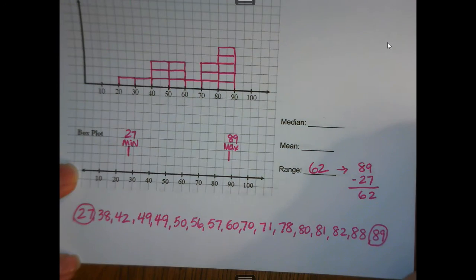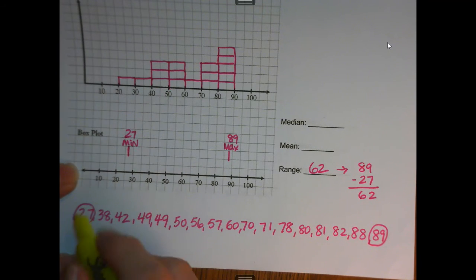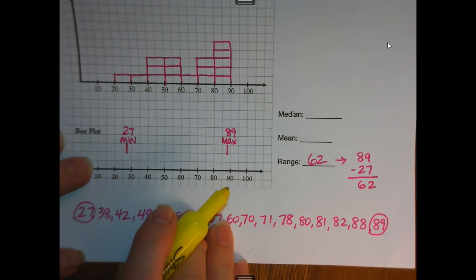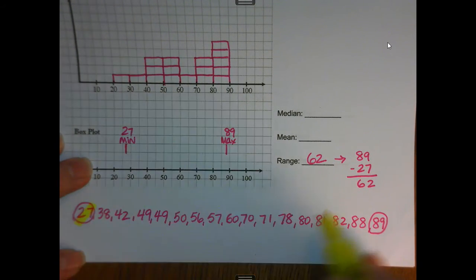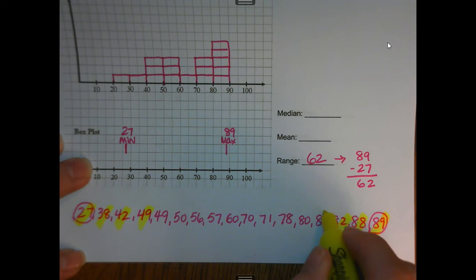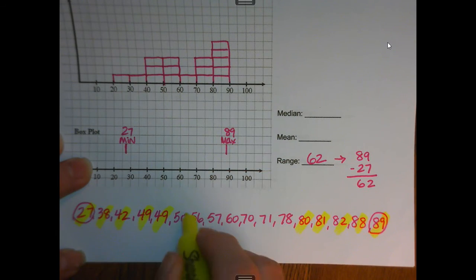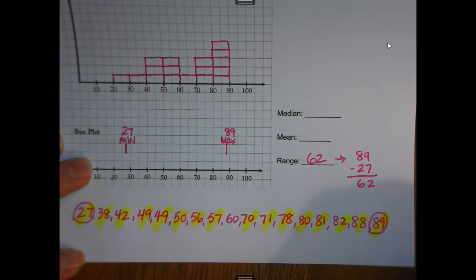Now I need to find my median. In past days when I've been working on finding the median, I've been using a yellow highlighter to help me so I don't mess up my data or make it hard to see. I'm counting in from each side to find my median, and my median is 60.